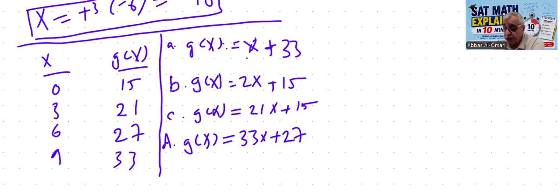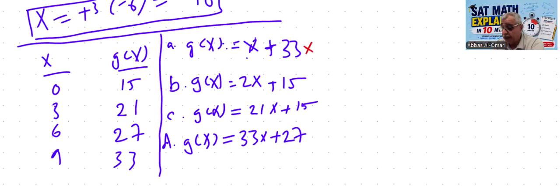Now the second option, B. If X equals 0, then G equals 15. So that's correct. If X equals 3, 3 times 2 is 6, plus 15 is 21. So the second point is also correct.